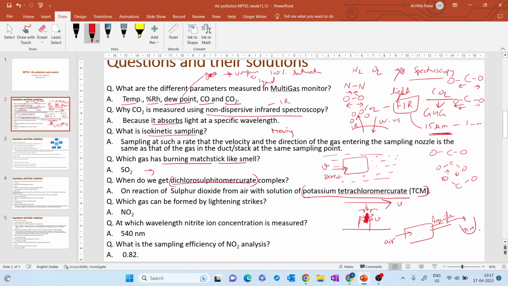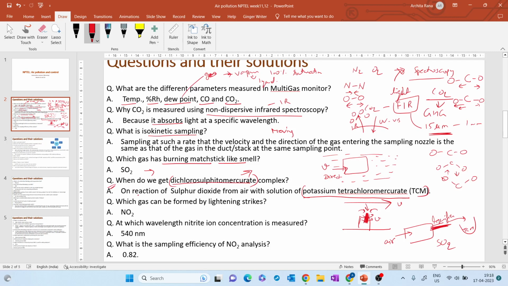Now if in this beaker the dichloro complex is made, then we can say that this chamber has a lot of SO2. If this complex is not made, you cannot say that SO2 is released or formed.